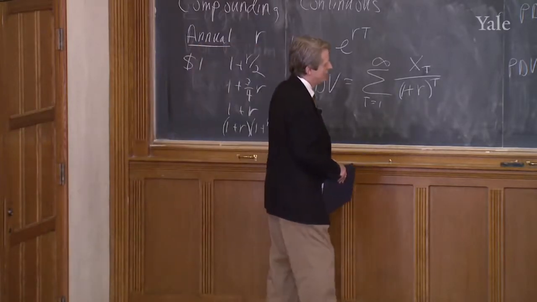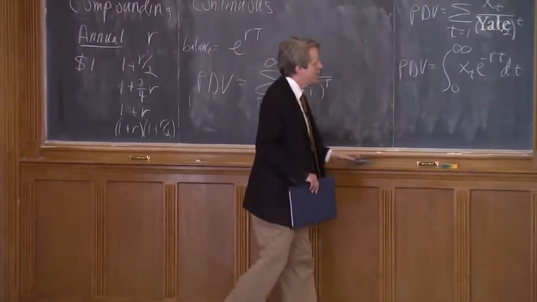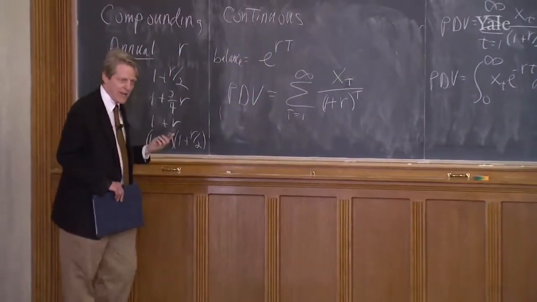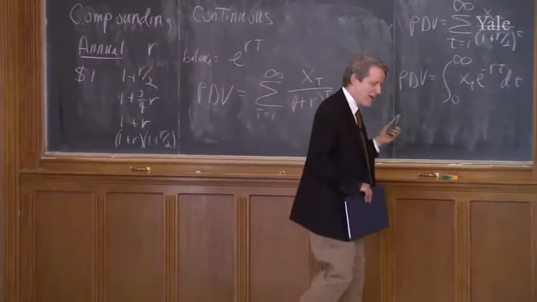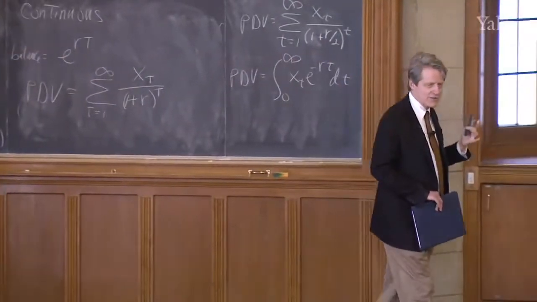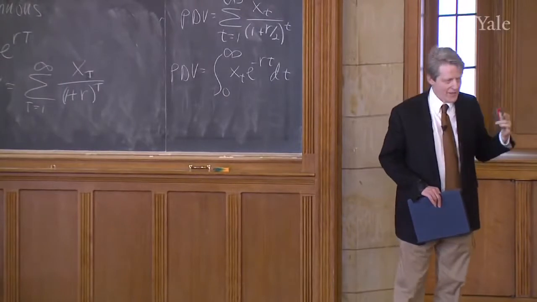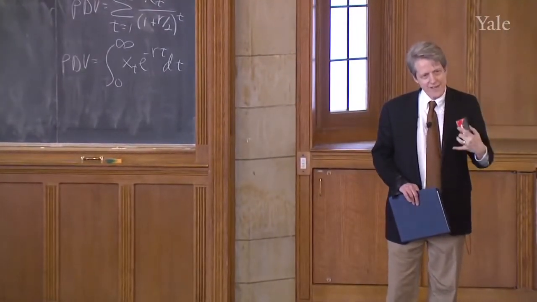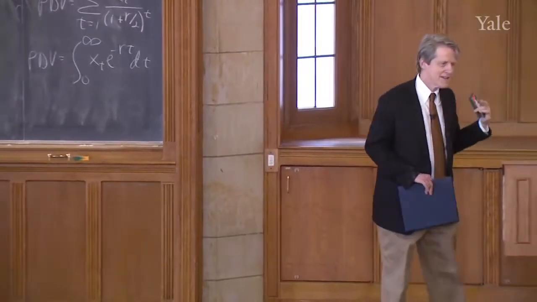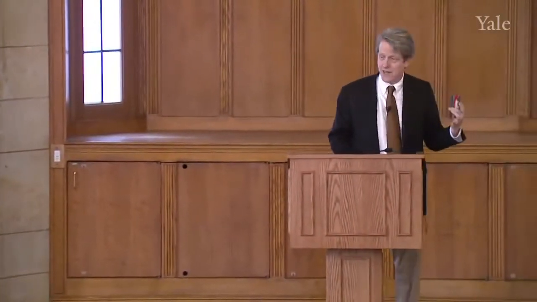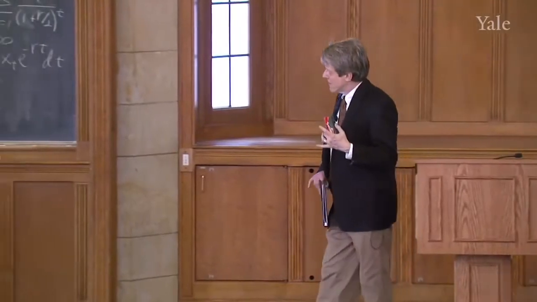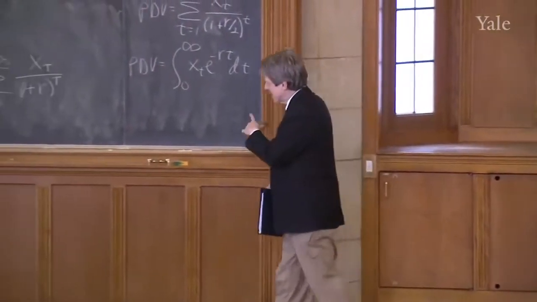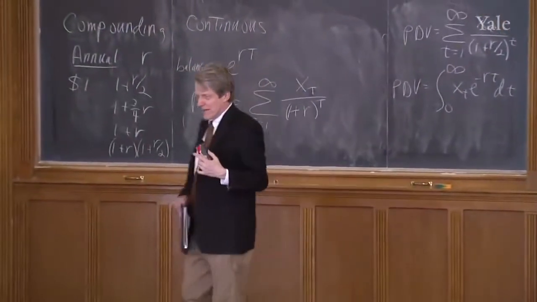In finance, it often happens that people are promising to pay you something at various future intervals over time. And you have to recognize that payments in the future are worth less than payments today. Just as a discount bond that's worth $100 in 5 years is not worth $100 today. It's worth 100 all over 1 plus r to the t, appropriately compounded.